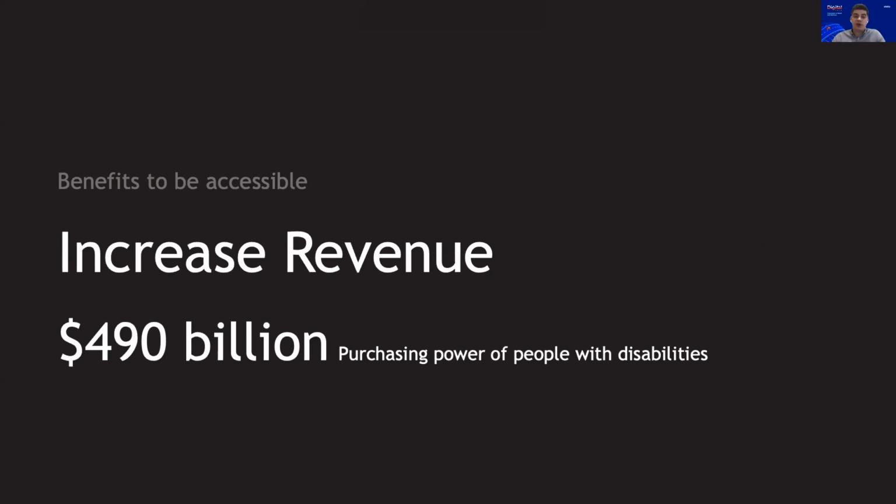In 2018, the American Institutes for Research said that the total after-tax disposable income for working-age people with disabilities is about 500 billion. Sounds like a lot, and that's only in the USA. The customer experience is everything when it comes to connecting and building relationships with the market.